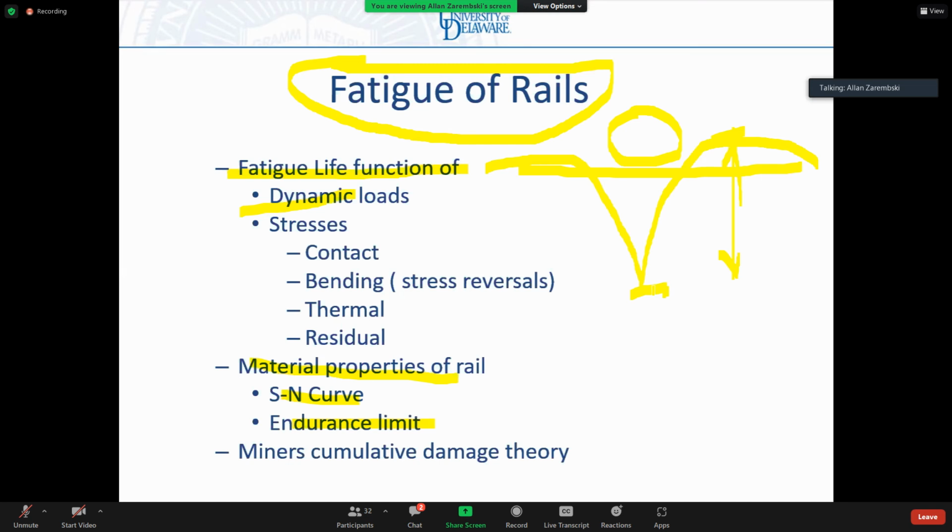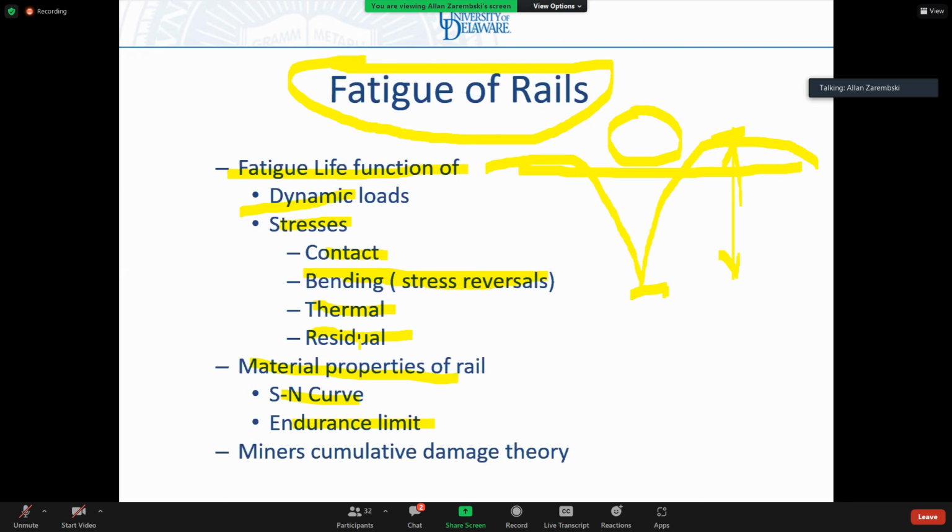The moments, the loads are, of course, translated into stress. We see stress reversals in our bending cycles, but we also have contact stress, thermal stress, and another stress, which we will talk about only very briefly here because we don't have the time to deal with everything, called residual stress, which is the amount of stress that's locked into the rail at the time of manufacture.